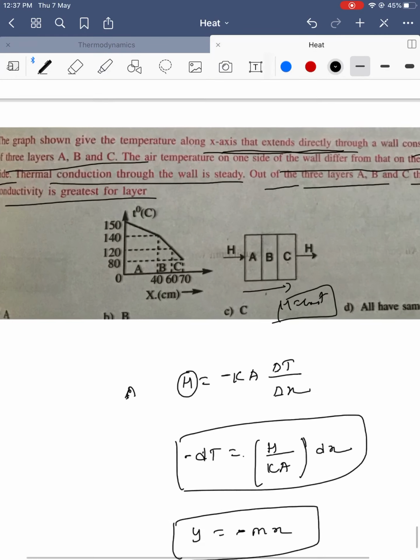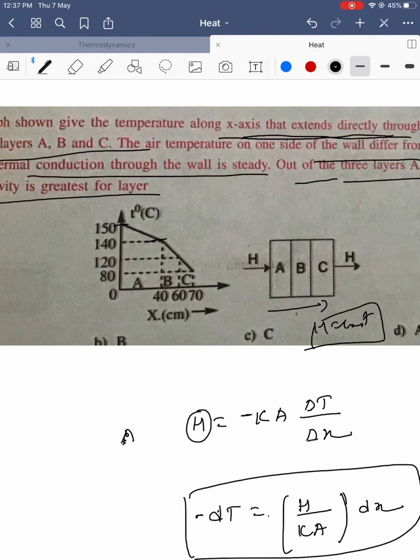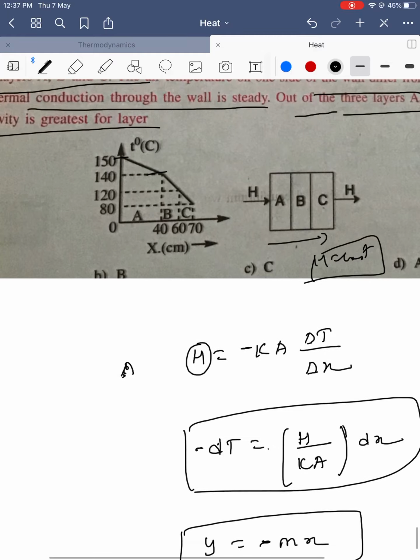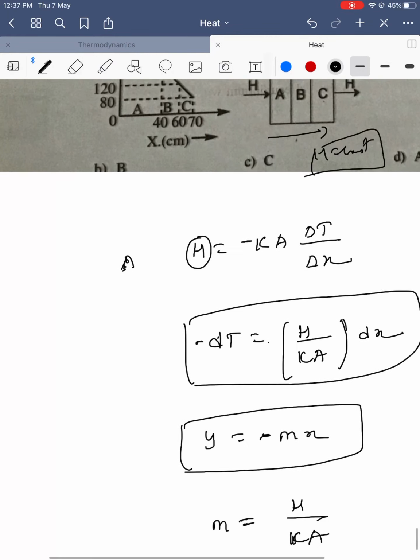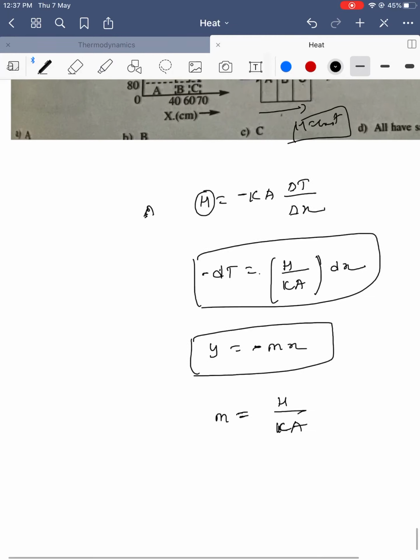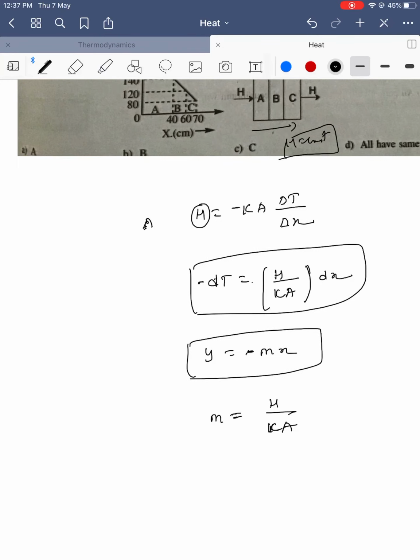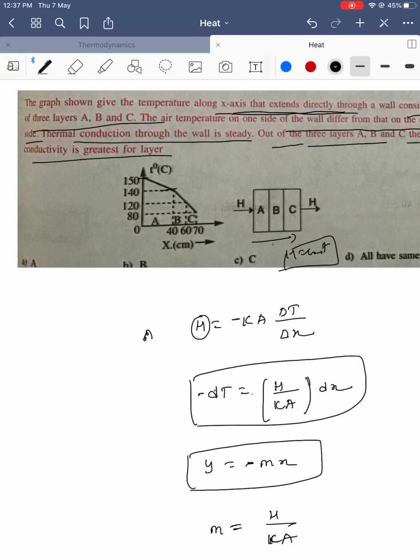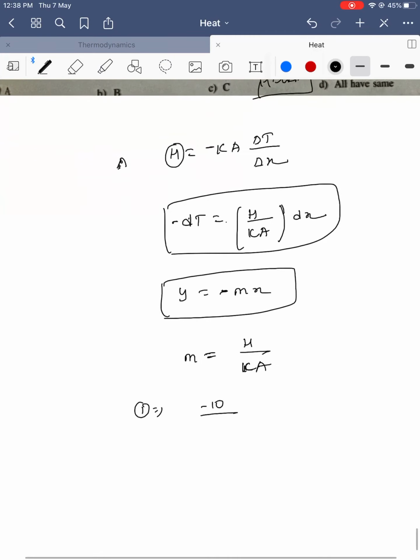See here, 150 and the next is 140. Delta T is nothing but how much? Minus 10. For the first one, minus 10 by, what is the value of delta x? 40. It's nothing but H by K1 into A. Area is the same, H is the same, so this will be minus 1 by 4.